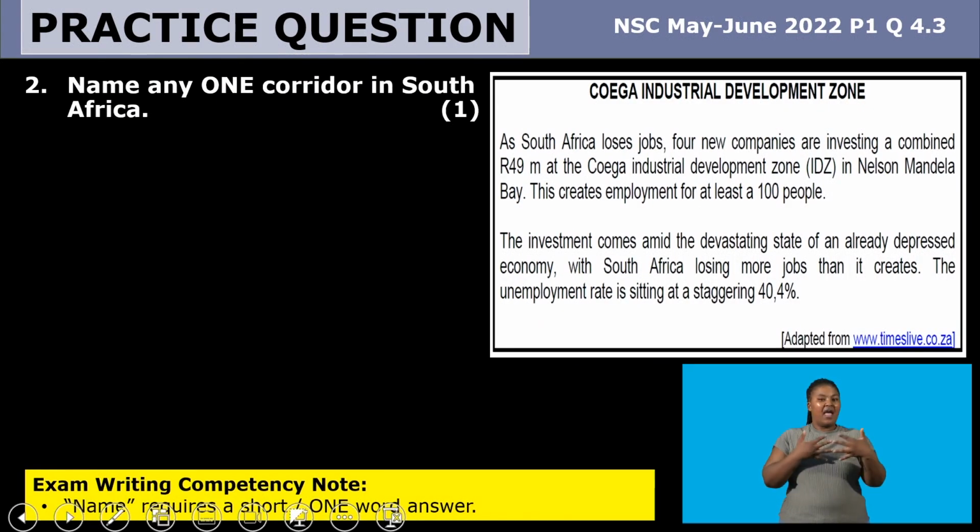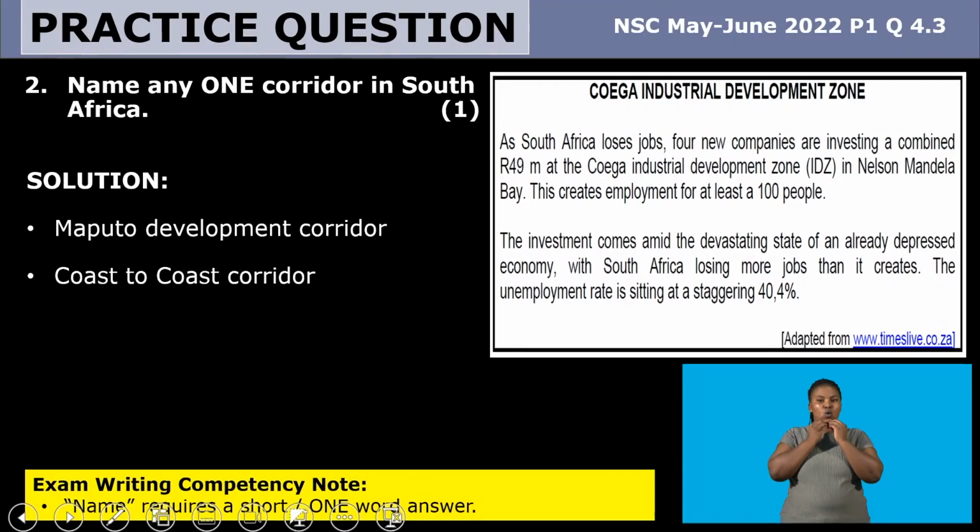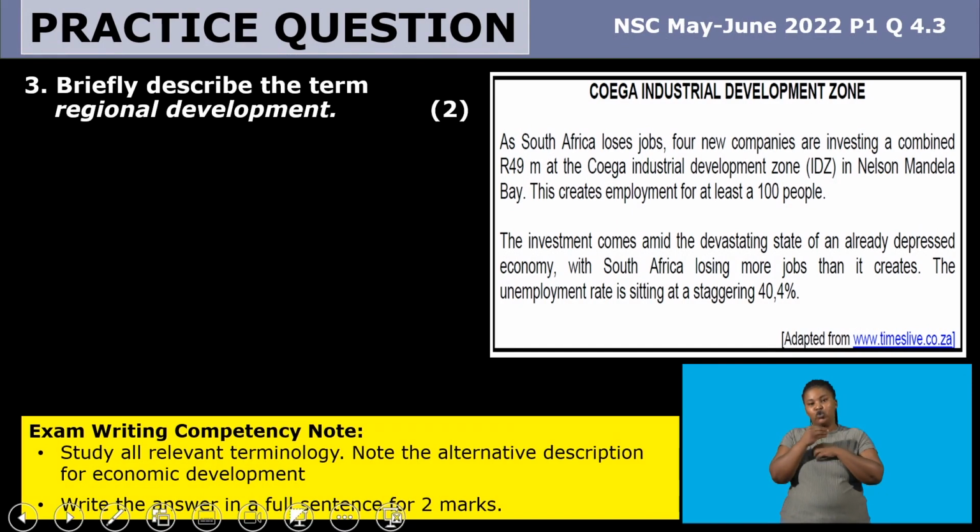Name any one corridor in South Africa. This just tests for your understanding of the different corridors in South Africa as part of industrial development or regional development. So we have the Maputo Development Corridor, the Coast to Coast Corridor, among others. Number 3, briefly describe the term regional development.